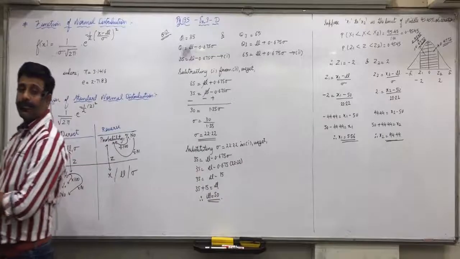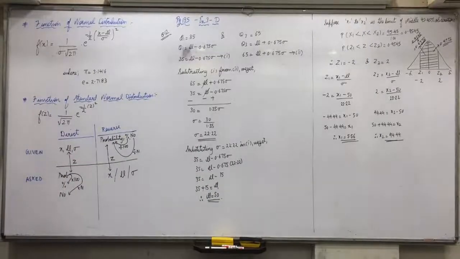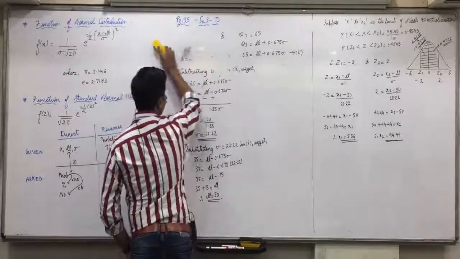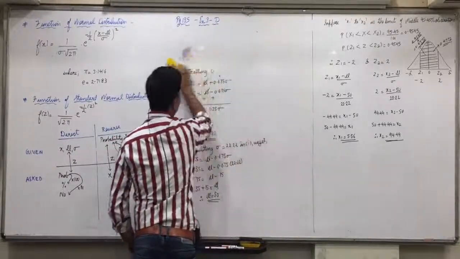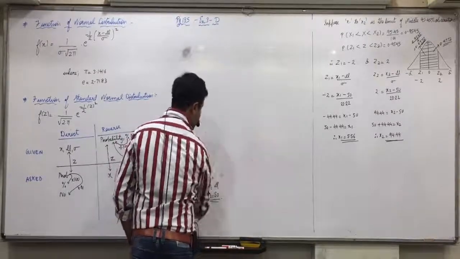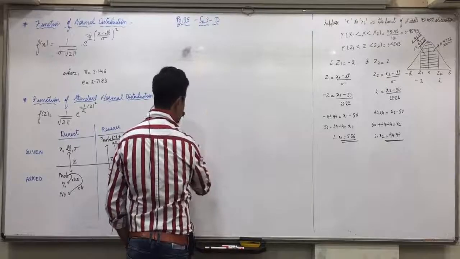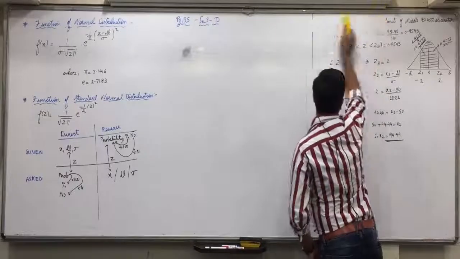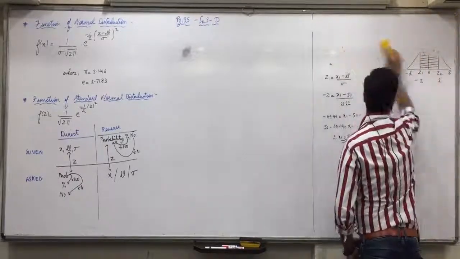Okay, that's the limit of the middlemost 95.45% observations: 5.56 to 94.44. All have understood this?